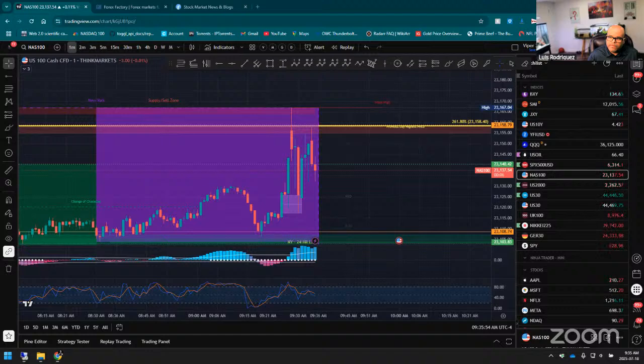Let's see. Let's go. See, he's coming to the same spot to grab liquidity and then push into the upside. Just be really, really careful because any push here can put you in a really ugly position.